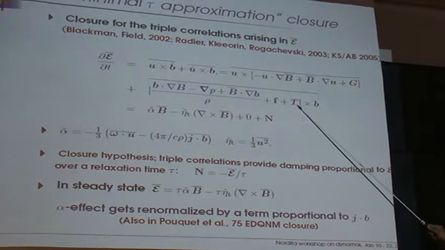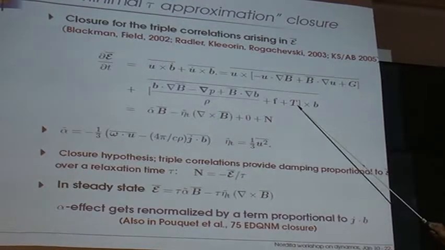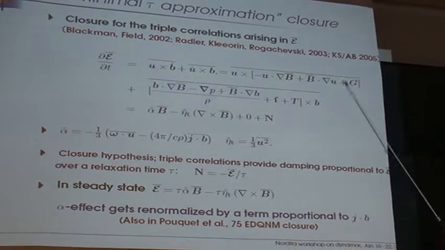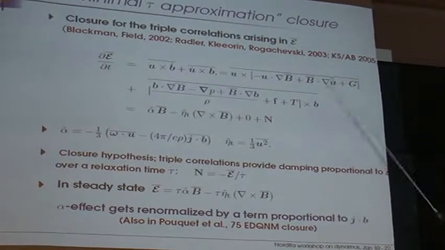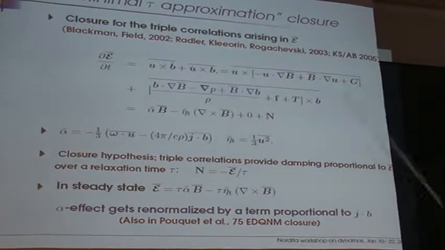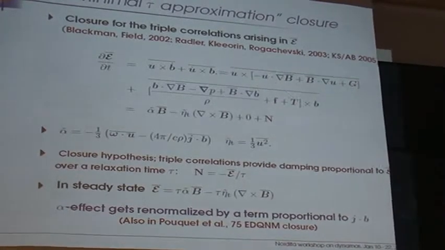Because this has got two magnetic fields and a velocity field. This also has got U and B, and you're crossing with another one. So there's a three-point function here.